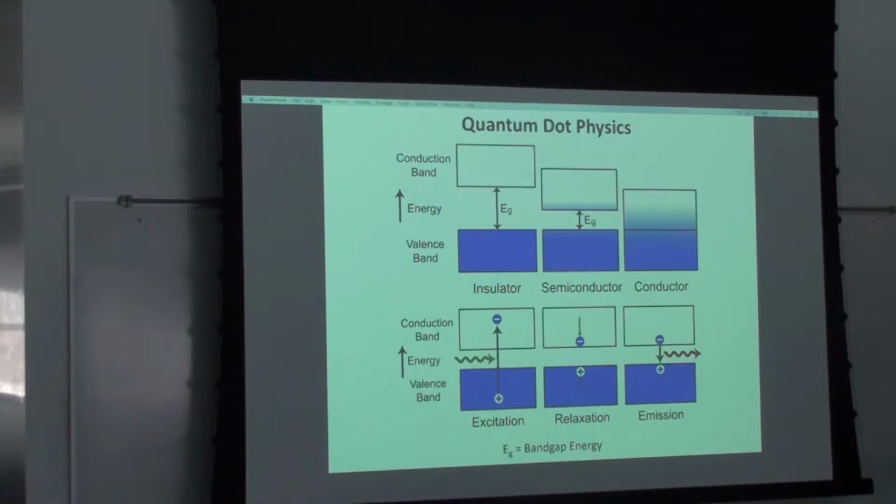And then in a really fast process, this electron returns back to the lowest energy level of the conduction band. And then it returns back to its ground state by returning back to the valence band, and at the same time giving off this wavelength of light that's equal to the band gap. So basically that means that whatever this band gap is, that's the color of fluorescence.